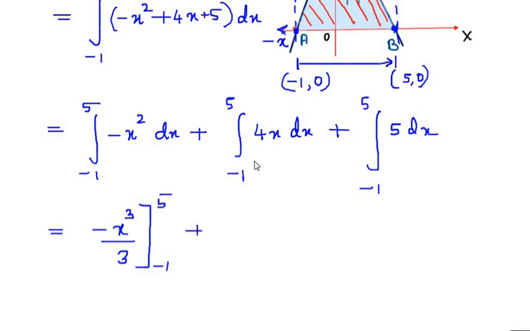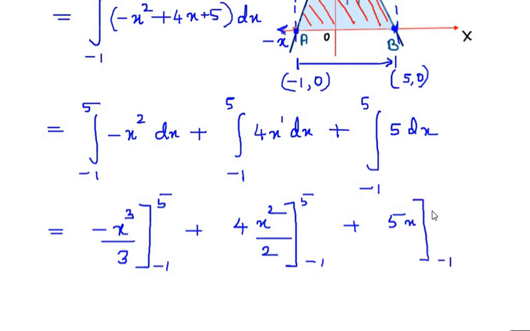Plus, here 4 is a constant, so 4 will be as it is, and x to the power of 1, again the power increments by 1, so it becomes 2, and the same power repeats in the denominator, with limits -1 till 5. Plus the integration of a constant, 5, becomes 5x, and the limits are -1 till 5.